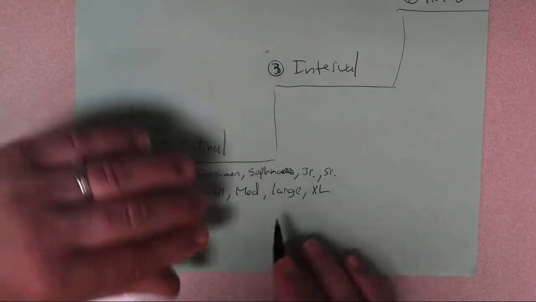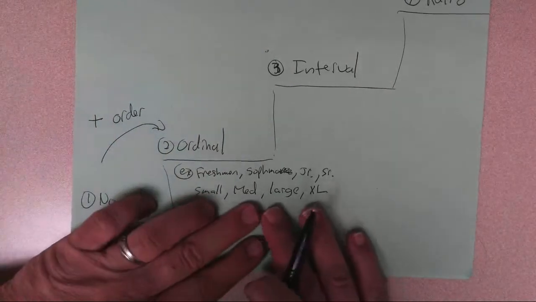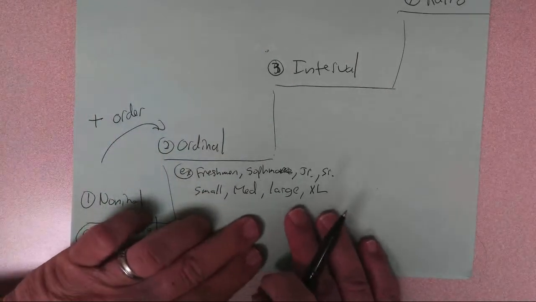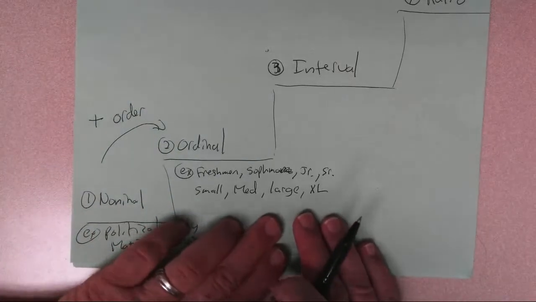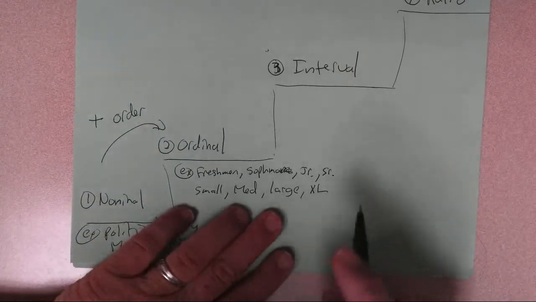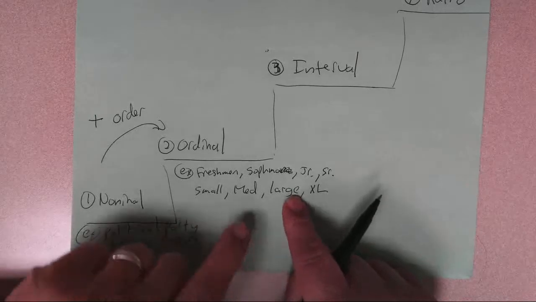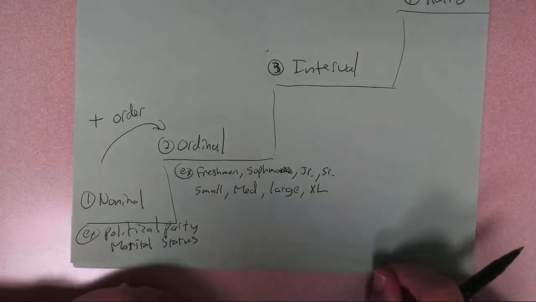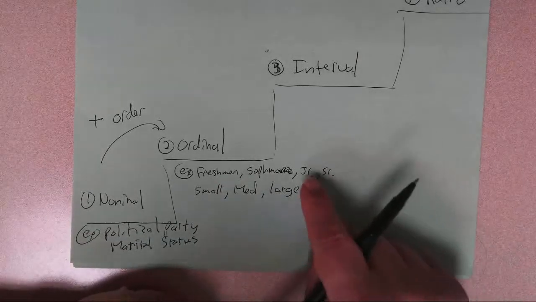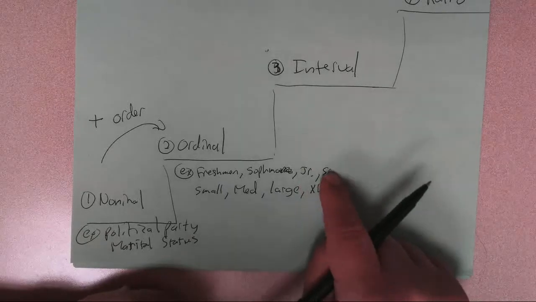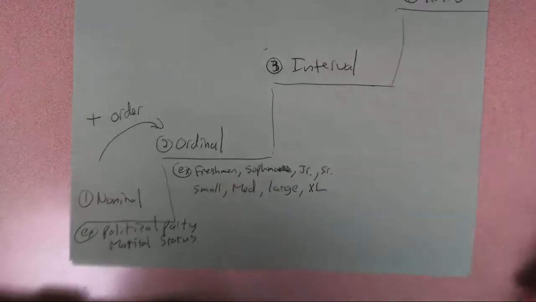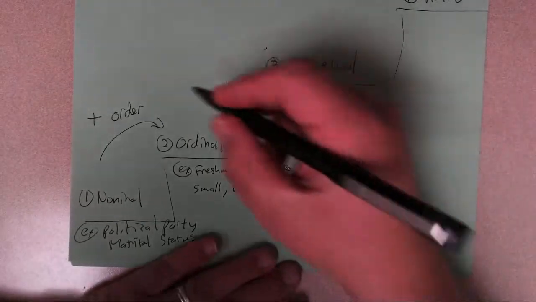Now what these don't have is there's no distance between them. And for that reason, I can't do any sort of arithmetic. Like I can't take a large and subtract a medium and then get a small. None of that makes any sense. Or I can't take a senior, subtract a junior, and get a freshman. That doesn't make any sense.